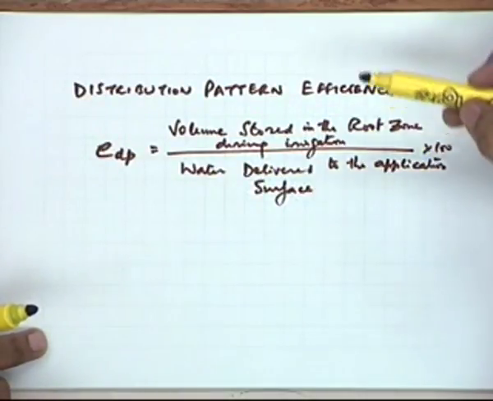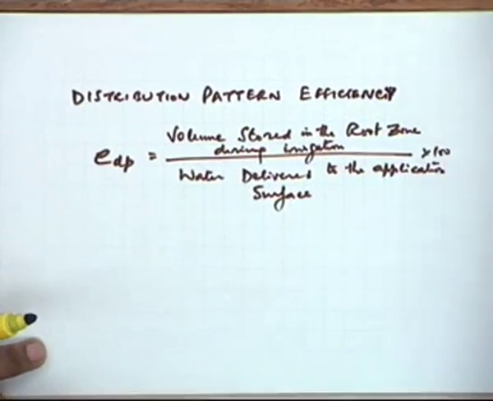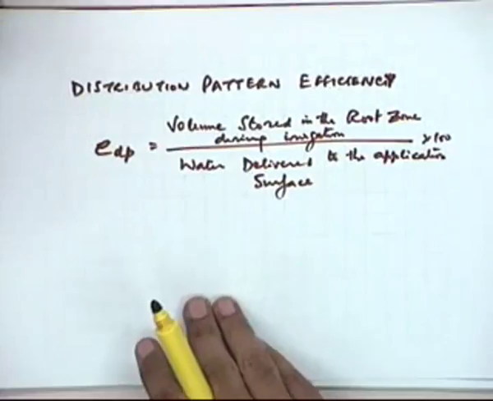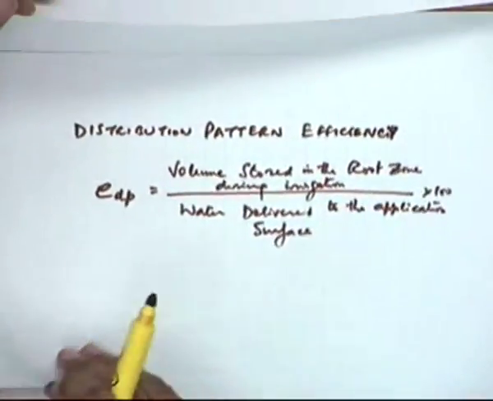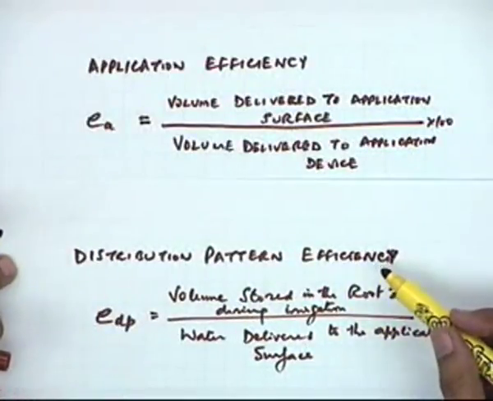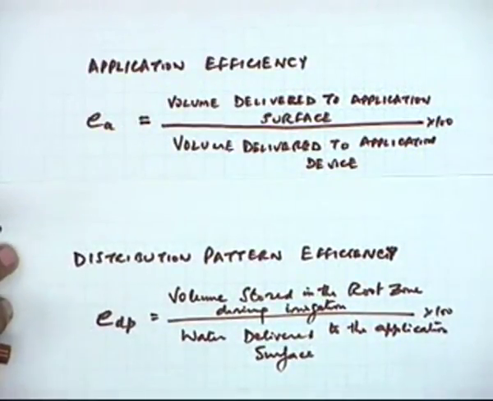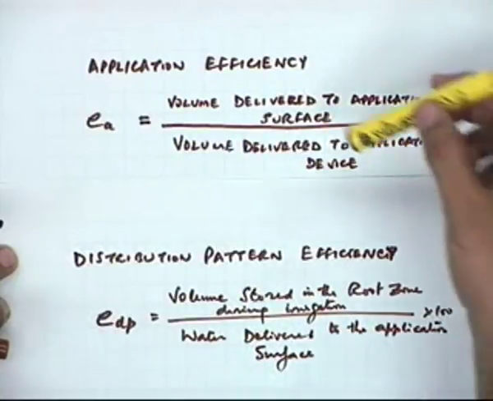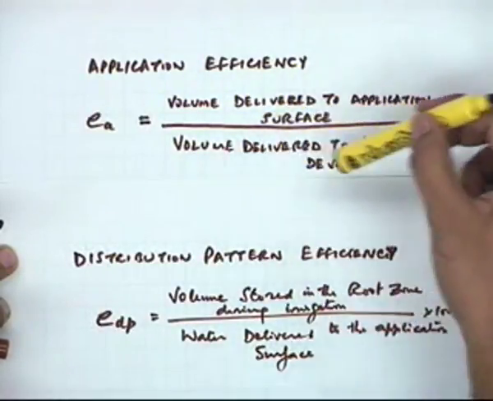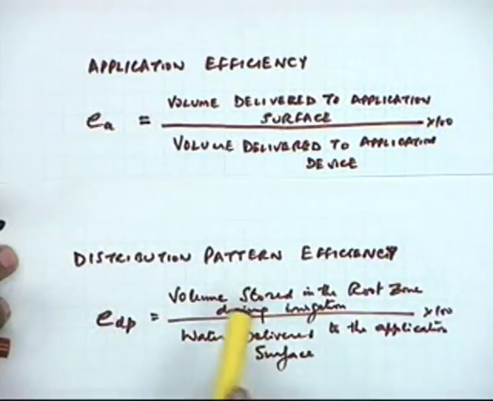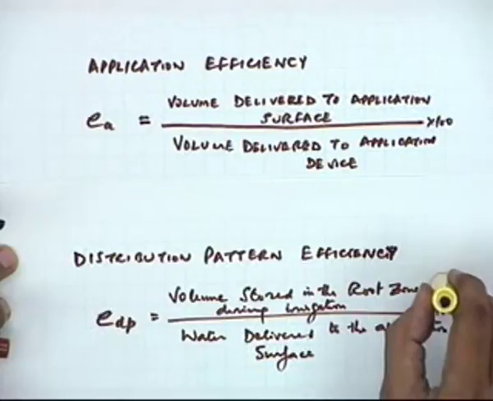Again, in normal practices you will find that these two efficiencies, the application efficiency which we have mentioned earlier and the distribution pattern efficiency, are clubbed together. Invariably you will talk in terms of how much is the volume which has been delivered to the application surface and how much is the volume of water which is stored in the root zone.